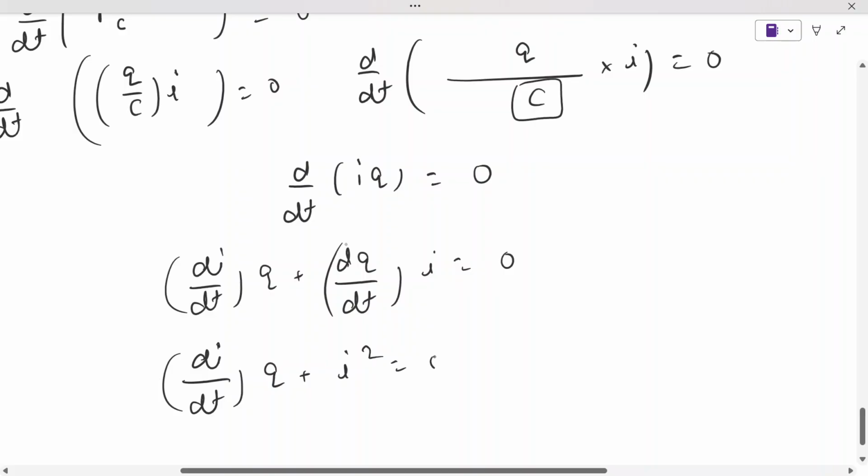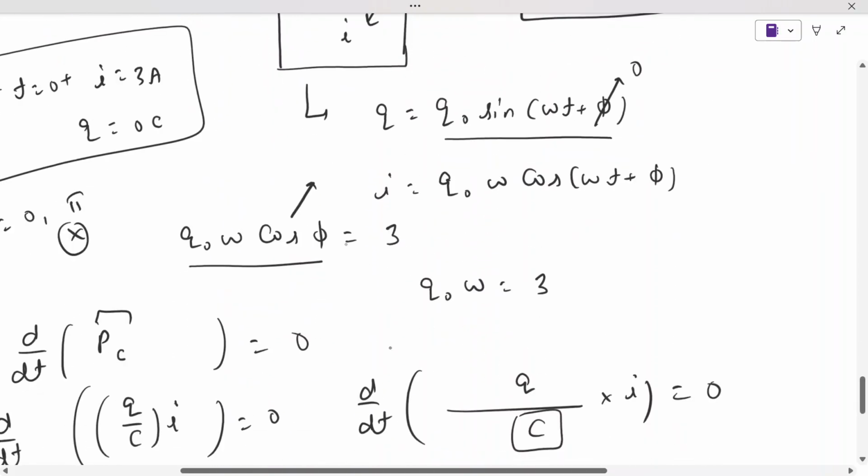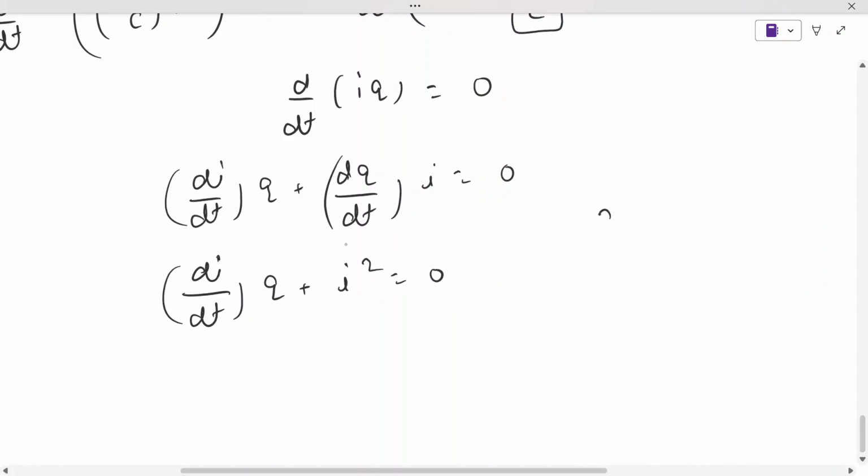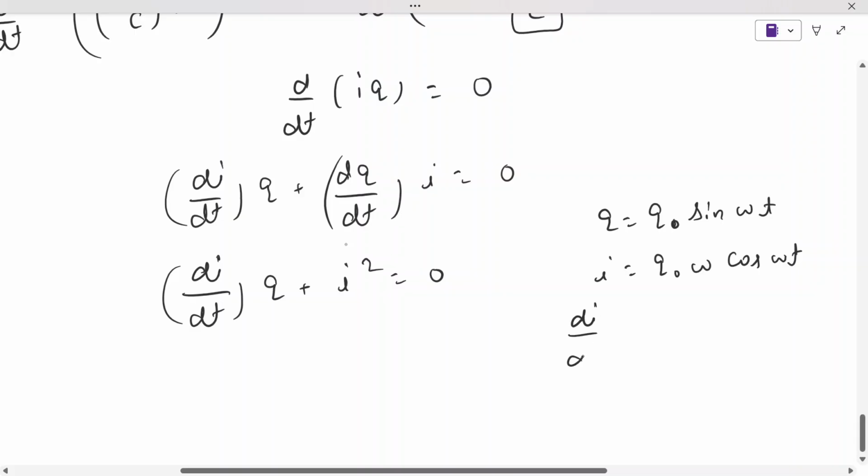And what I know, Q is simply Q naught sin omega t, isn't it? Just put the value. So I is Q naught omega cos omega t. Differentiate once more, so di by dt will be minus Q naught omega square sin omega t.